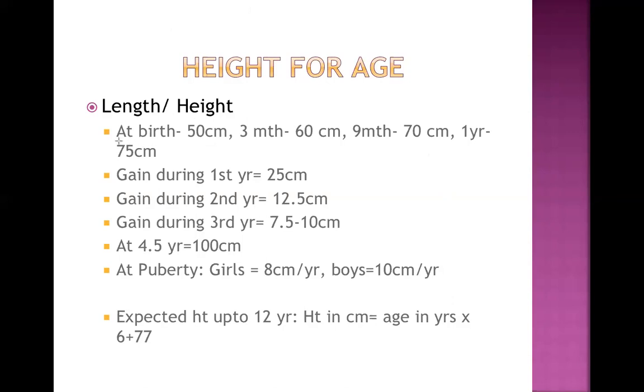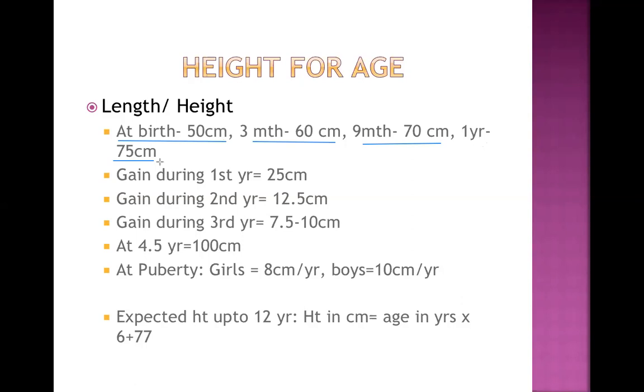Some babies may be slightly less than 50, some may be slightly more than 50 also, but 50 is the average one. So you need to remember this. At 3 months the baby would be 60, at 9 months around 70, and at 1 year the baby would become 75 centimeter long. So this is the approximate gain in the length of the baby. At birth 50 centimeter, at 1 year 75.